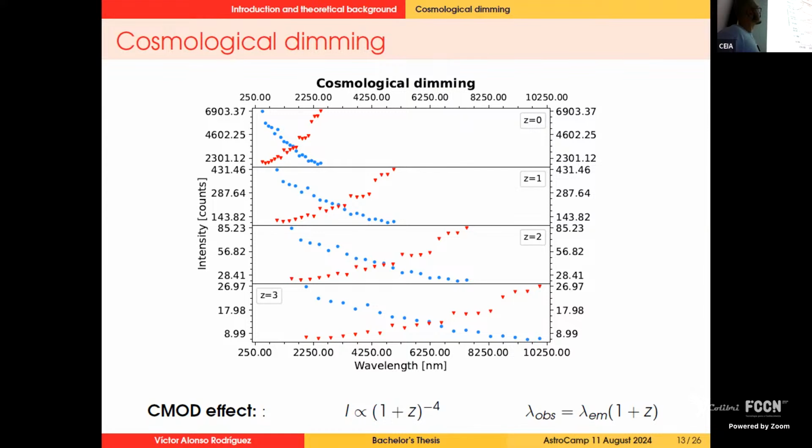We decrease by an order of magnitude the amount of light that we have. So this is very important, because in the first case, just 1 second of exposure will be enough. But in this case, we need, I don't know, probably 30 minutes, to obtain the same amount of light as in the first case.